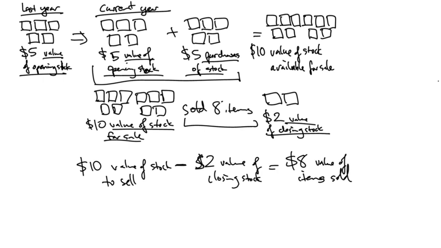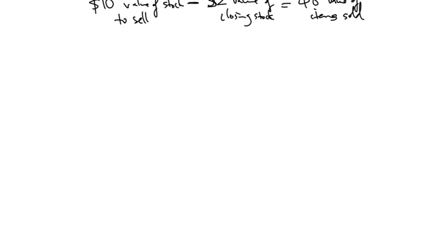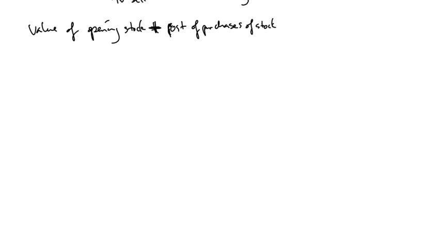So what you have in the book is a series of formulas that you use one right after the other, which is value of opening stock plus cost of purchases of stock equals the value of stock for sale.